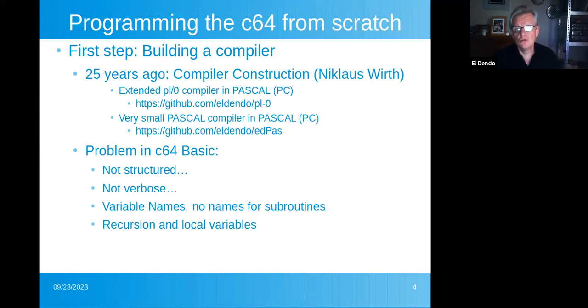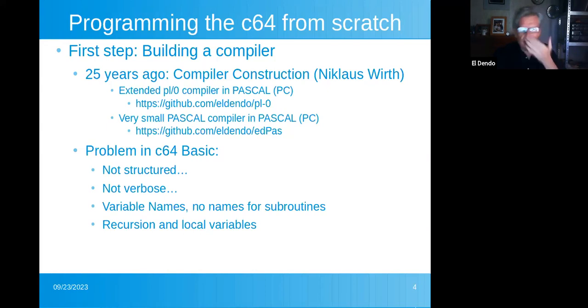We have only two significant letters for a variable. We don't give a name to a subroutine, so that's very difficult. And of course, the compiler, like Wirth proposed, is recursive. It uses local variables, but we don't have any local variables in BASIC.